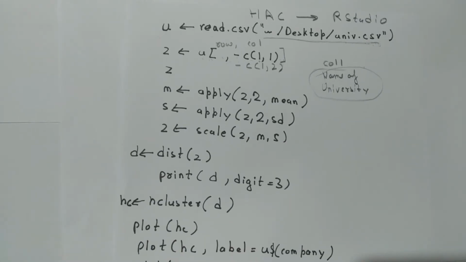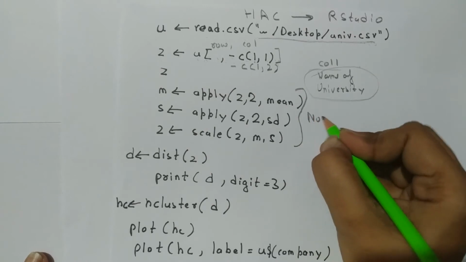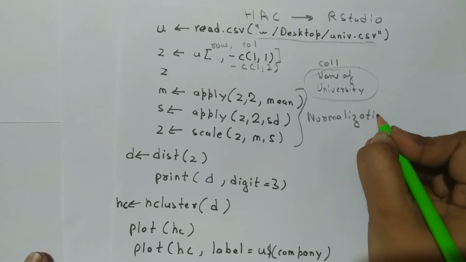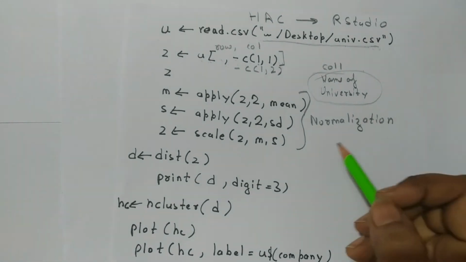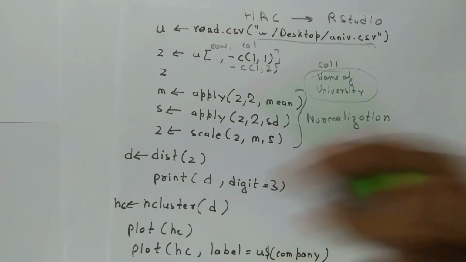Now we will do the normalization on this data. Why is normalization important? We have a huge data set. This data set consists of 1000 rows and many columns.